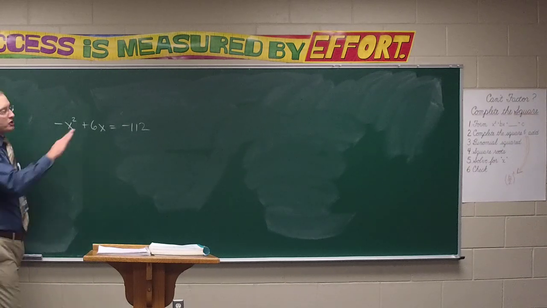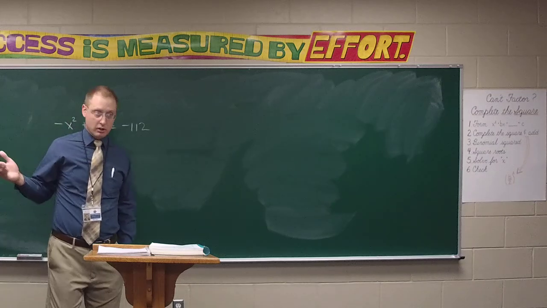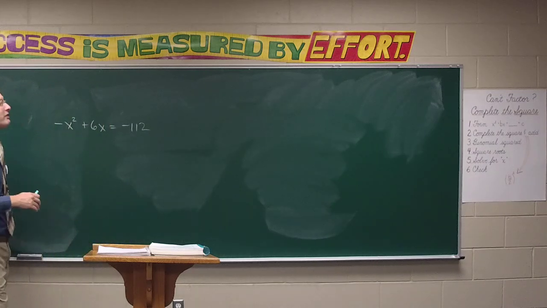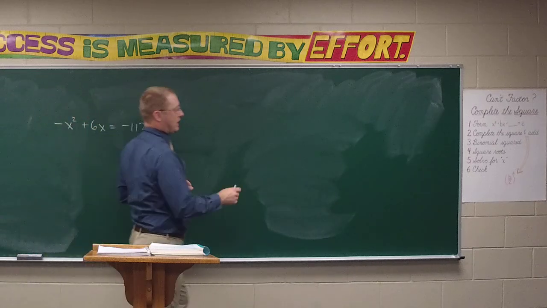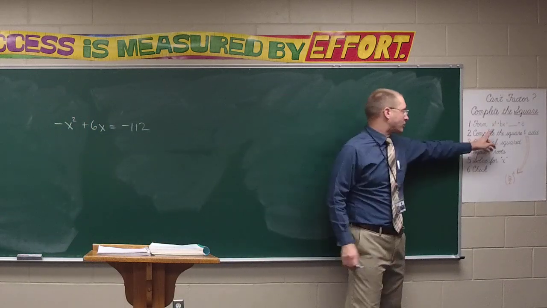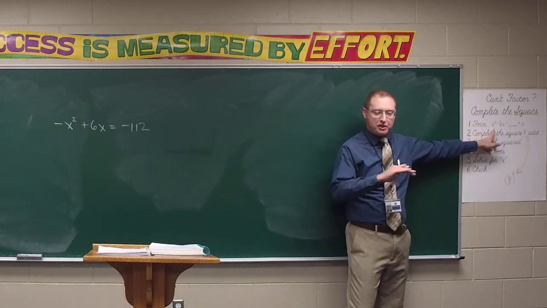Now you notice the poster says can't factor, complete the square. Well, even sometimes if you could factor, we know this factors. We already did factoring today. But there will be times you literally can't factor. And in those times you can still complete the square. Step number 1 is to get the proper form. You want an isolated x squared. Notice this doesn't say ax squared, it says x squared, as in nothing with it.